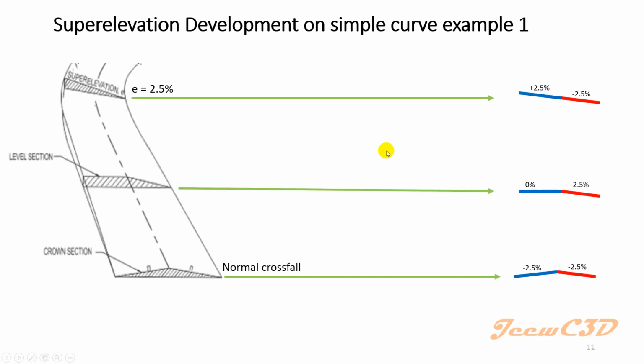In this example, we assume this is a simple curve. A simple curve means a curve where both sides are connected to a lengthy straight section: before the curve you have a long straight, and after the curve also.